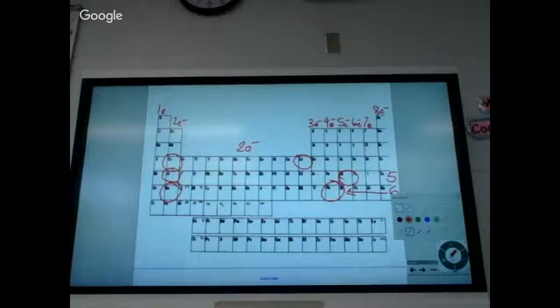You answer these questions using these letters. For example, this is an alkaline metal, which one of these is an alkaline metal? Which letter? And then you choose that letter and put it on the line. It's obviously the I, because I is helium, that's a gap.